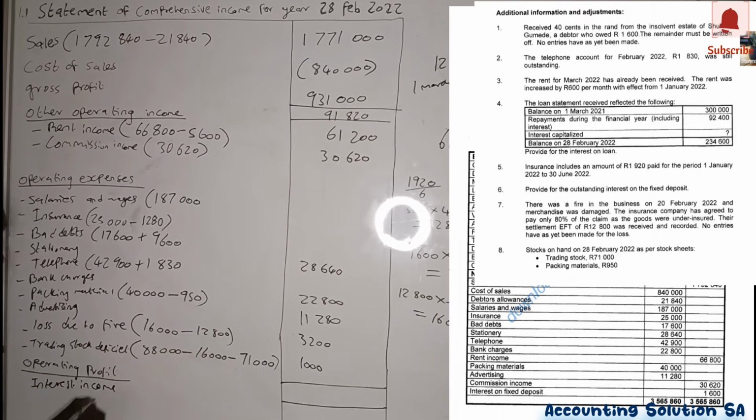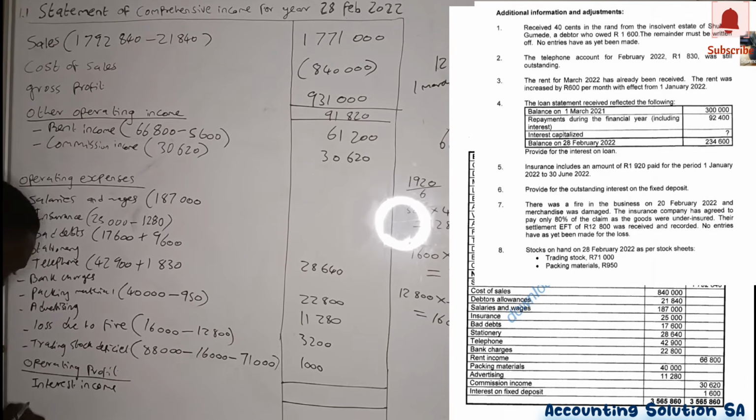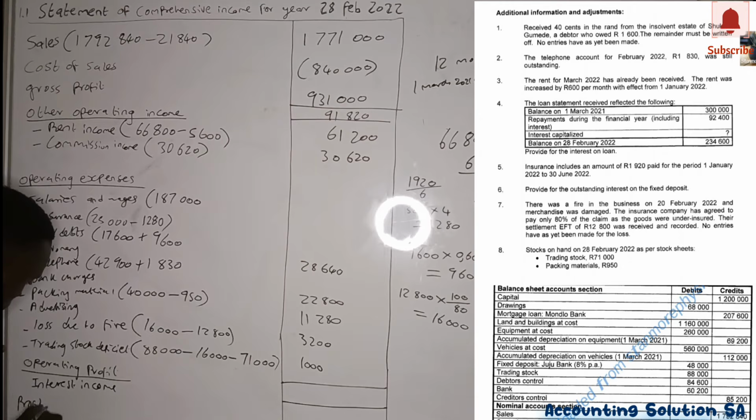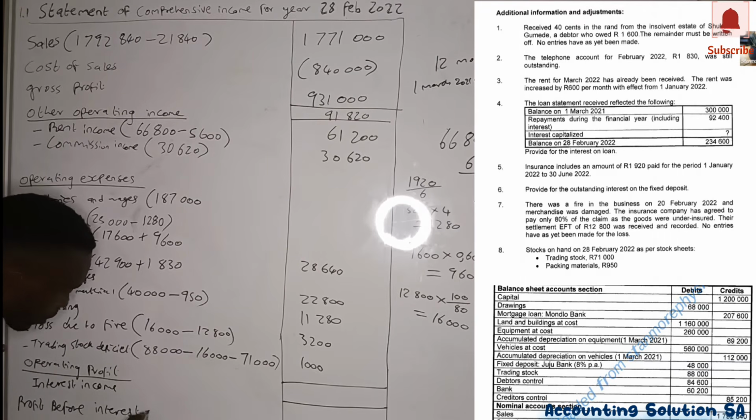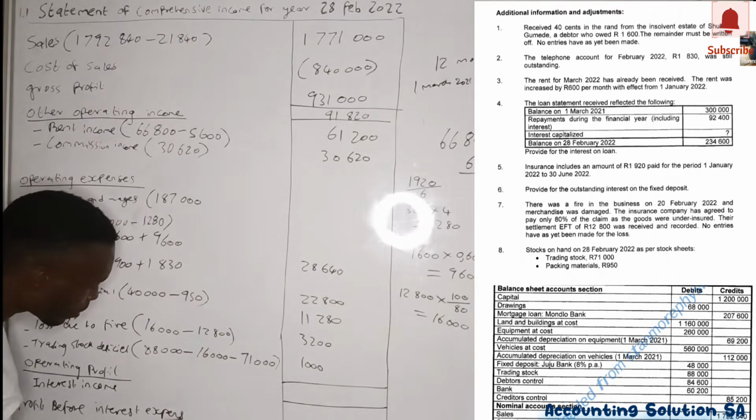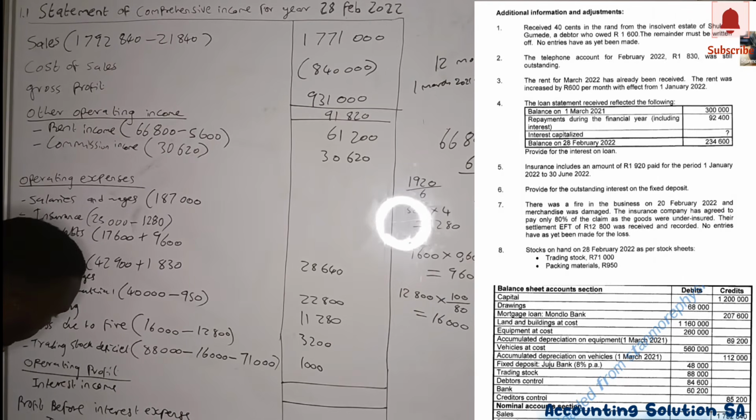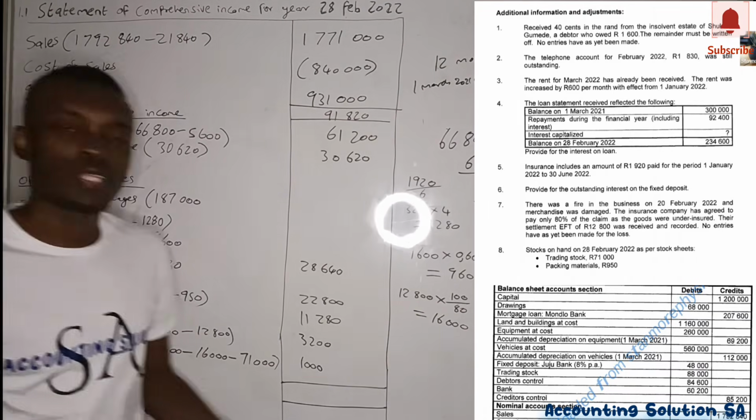Then after that, you're going to get profit before interest expense. Then you go to interest expense. Then after that, you're going to get a profit for the year.